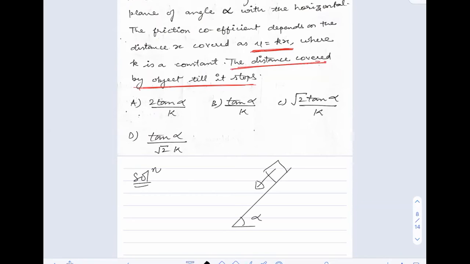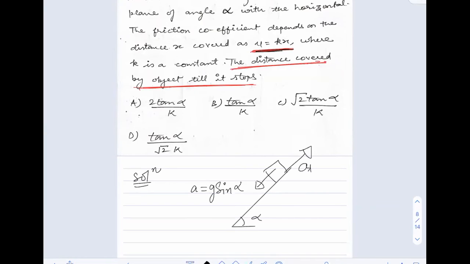So if it starts sliding downward, it will have an acceleration of g sine alpha. Now, because there is friction also, one friction force will also act in this direction. So there is acceleration in the opposite direction, or retardation, due to friction.